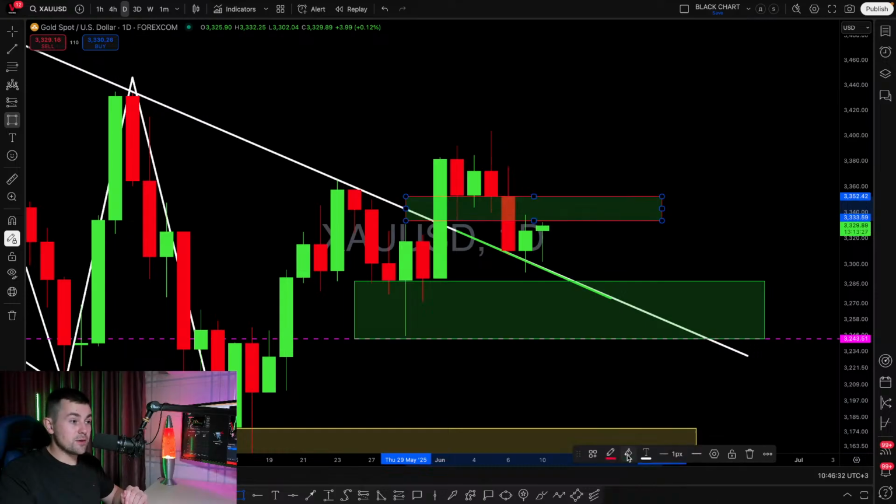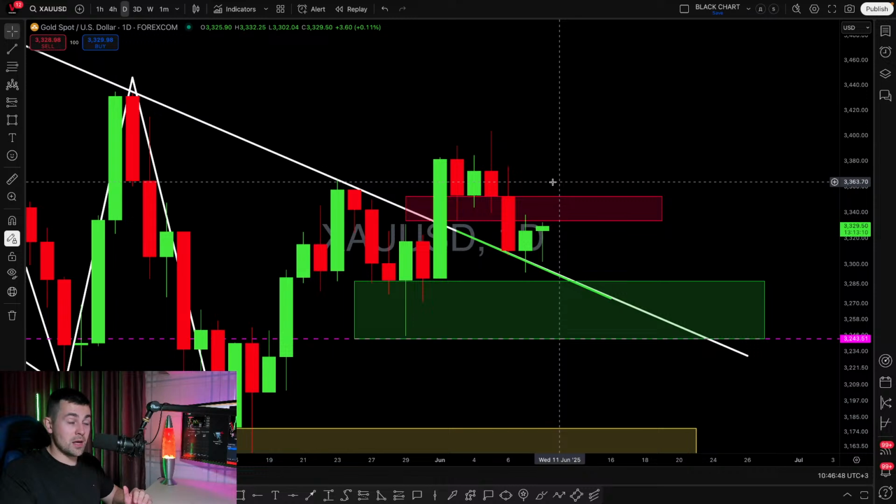That is the resistance cluster that was a strong minor support in the recent past that was broken, and that turned into a minor resistance that we definitely need to take into consideration for our analysis.